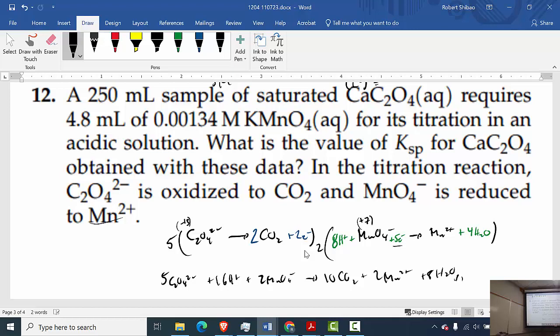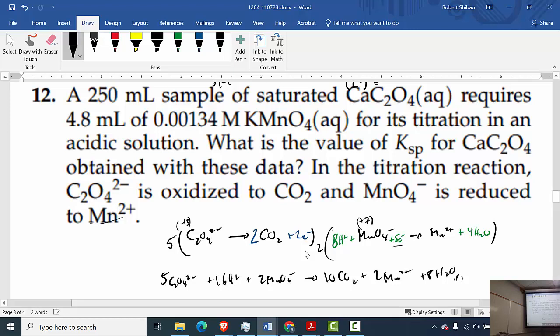Then we just check: 10 carbons, 20 oxygens plus 8 is 28 oxygens, 20 plus 8 is 28 oxygens, 16 hydrogens, 2 manganese, 2 manganese. So everything's balanced atom-wise. Charge: -2 plus 16 is +14. Plus 14 minus 2 is +12. So +12 on the left.